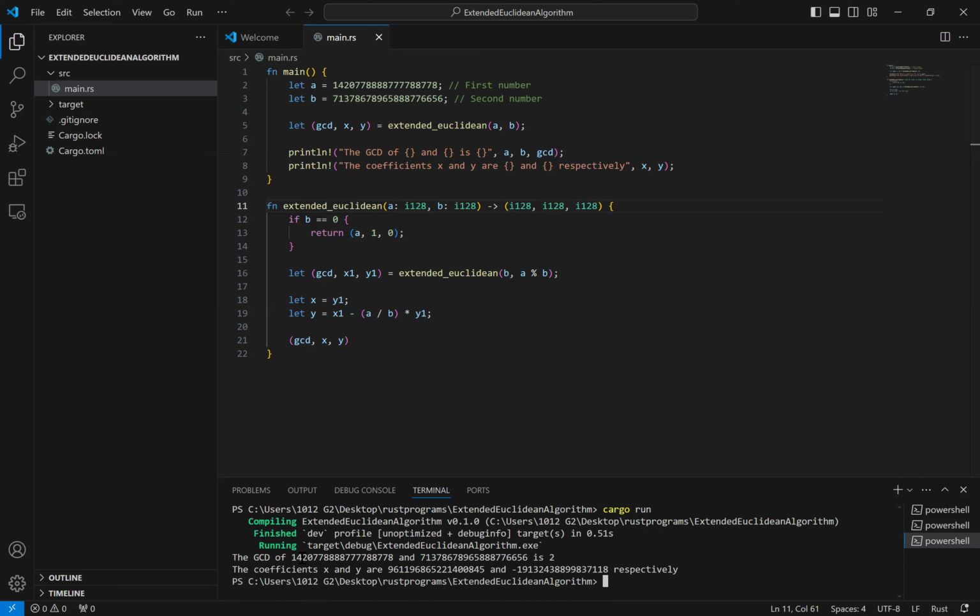You can see, of course, the numbers were big. Look at this coefficient of X and this coefficient of Y. They're bigger than what we had with i64.